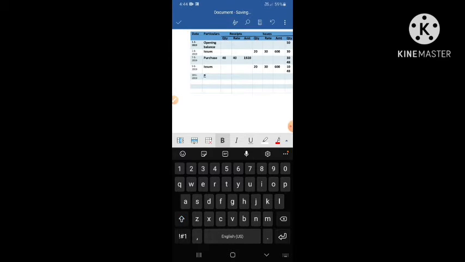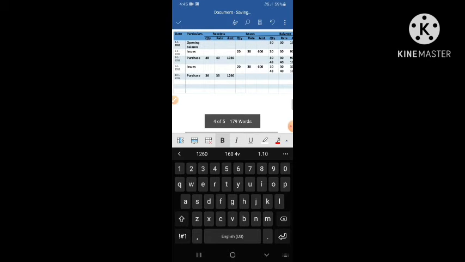They made a purchase, so we show in the purchase column 36 units at 35 per unit is equal to 1260.